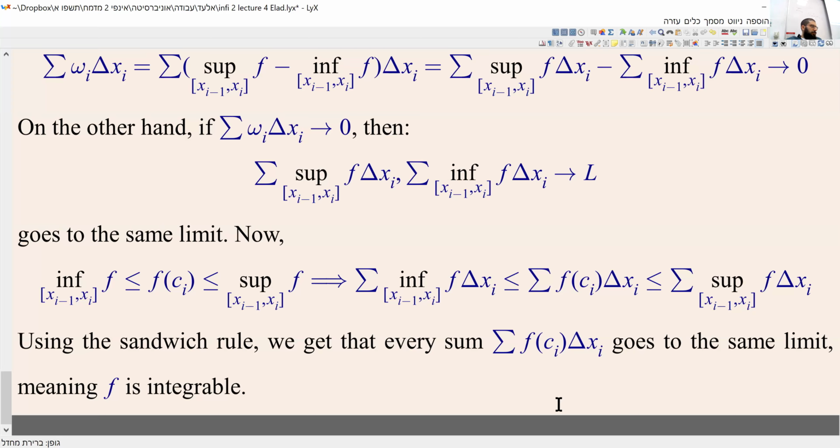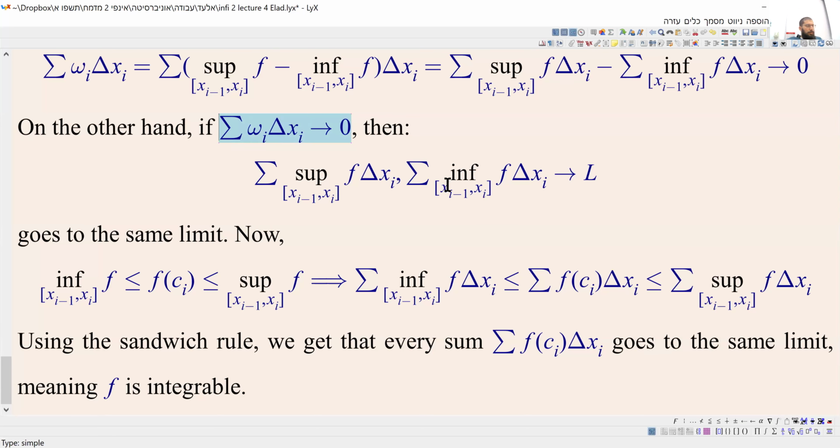And why is it just an explanation, not a proof, and we finish here? Saying that if the difference goes to 0, then each of the components of the difference goes to the same limit is not true.